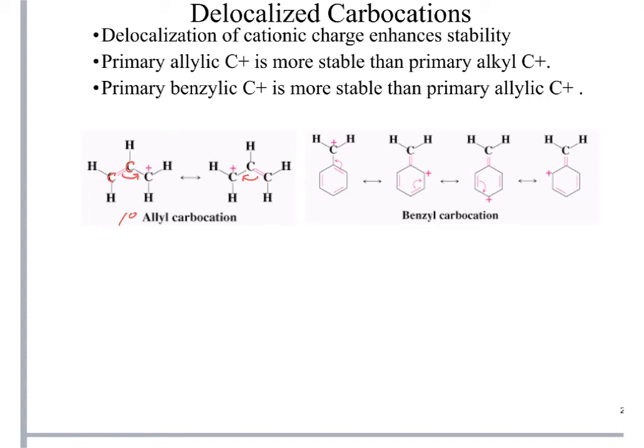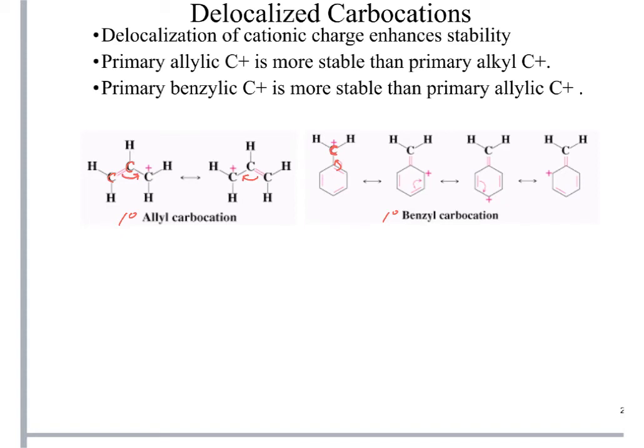The corresponding primary benzylic carbocation, benzylic meaning next door to the benzene ring, has more resonance structures since you can delocalize those two pi electrons across the framework of the benzene ring in addition to the sp2 hybridized carbon next door.